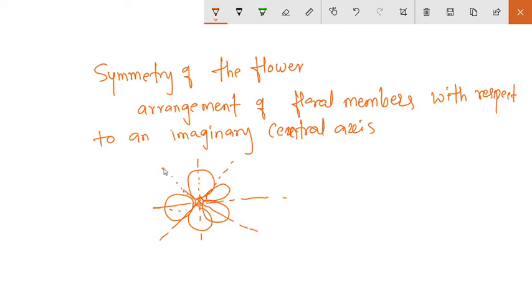The arrangement of floral members with respect to this imaginary central axis is known as the symmetry of the flower. So there are three different types of symmetries observed in the flower.